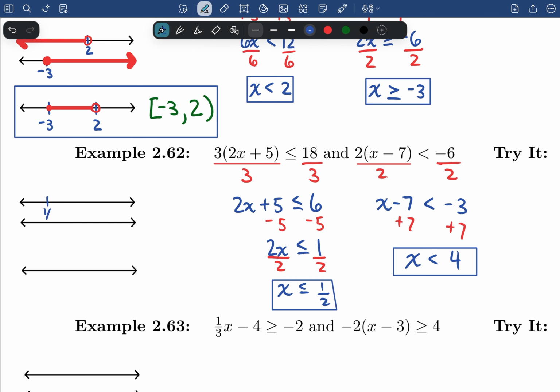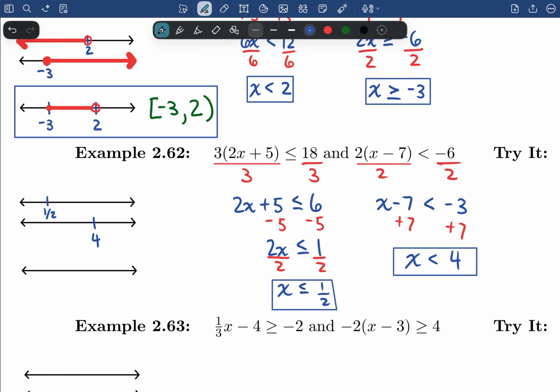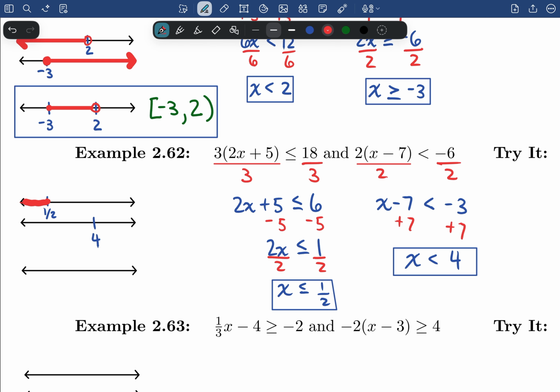Let's make it a fraction that looks like that. There we go. And we put 4 on the right. And graphing x is less than or equal to 1/2, I would put a closed dot at 1/2, and I would graph everything to the left of it. So shading that whole region to the left, cleaning this up, this is what I get.